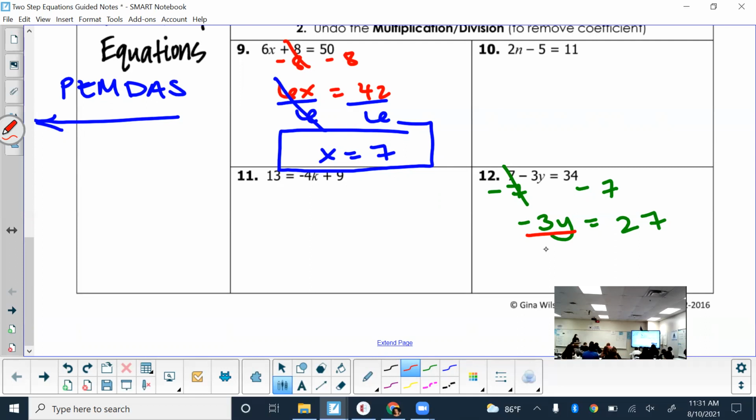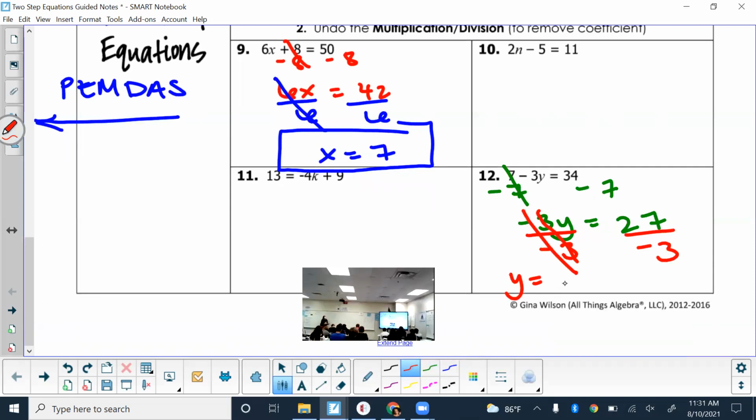Negative 3, because you want the y completely by itself. If there's still a negative there, then it's not completely by itself. You have to keep going in that case. All right, so the y equals what? Positive or negative?